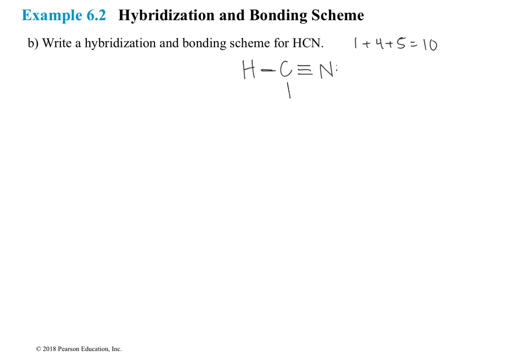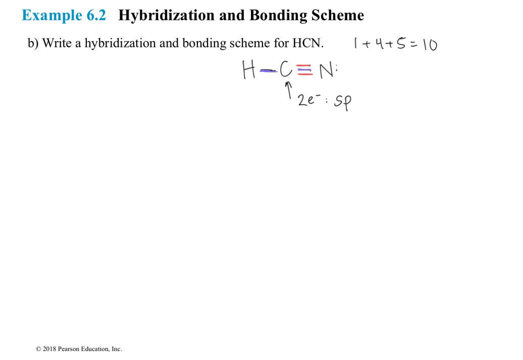So we can see that the carbon only has 2 electron groups on it, meaning that it is sp hybridized. Here this orbital is going to be part of it, and this one. But the extra bonds here are going to be from pi bonds.